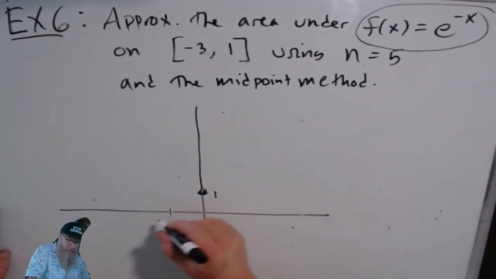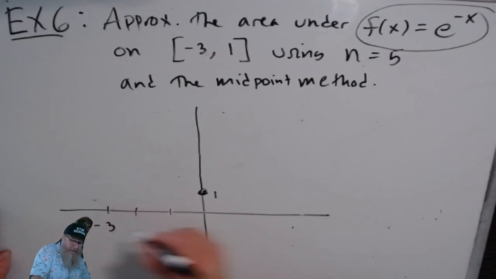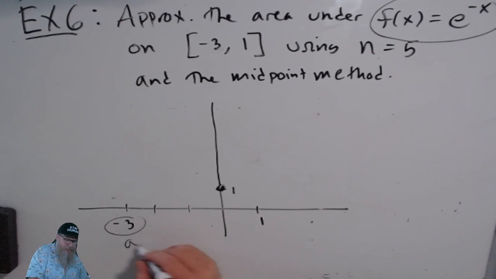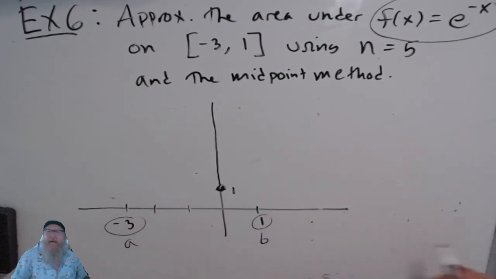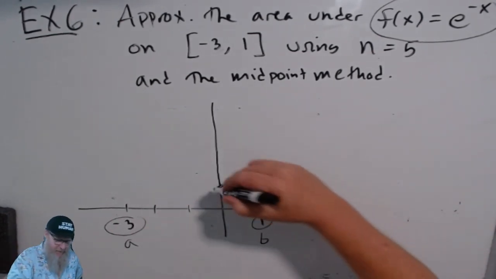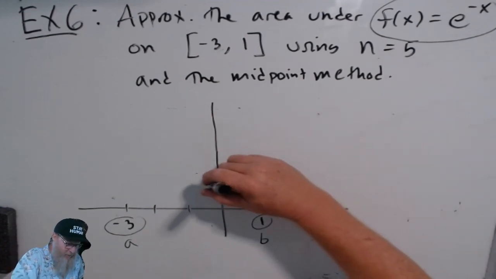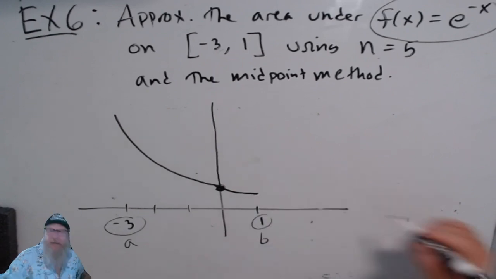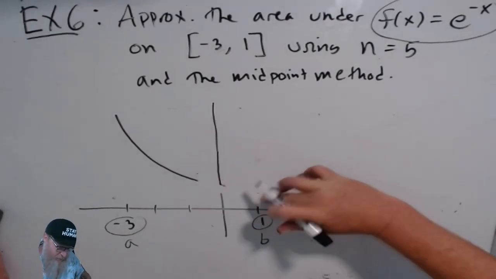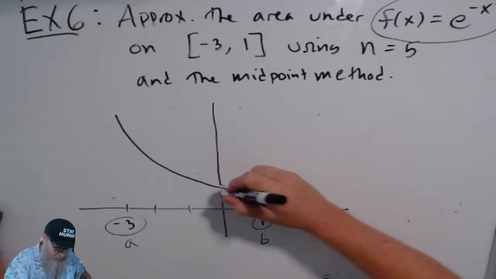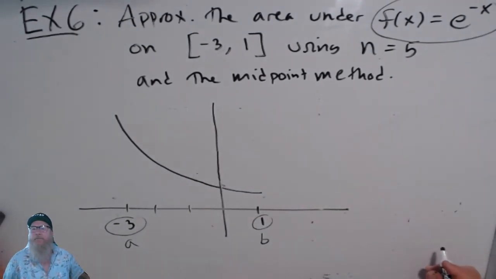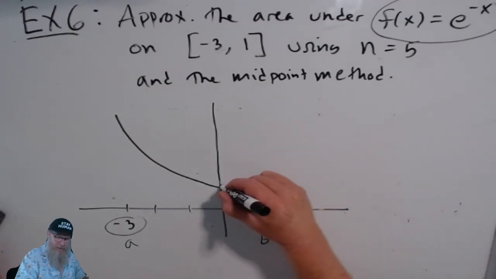We're going to go from -3 to +1 on the x-axis. That's our A and our B. And the function, because of the negative power, goes up to the left and down to the right like that. It should be a smooth curve like that. All right. And then this point right here is 1.